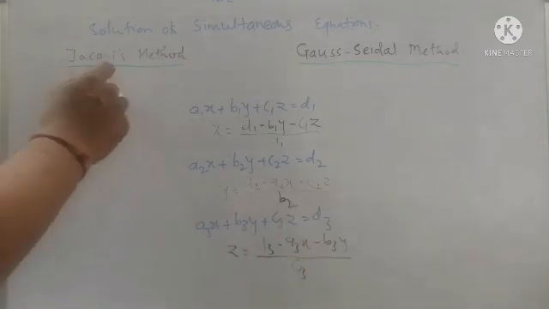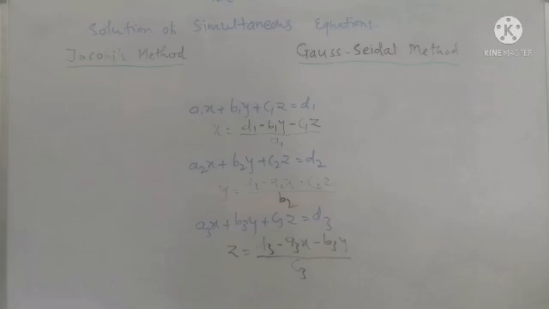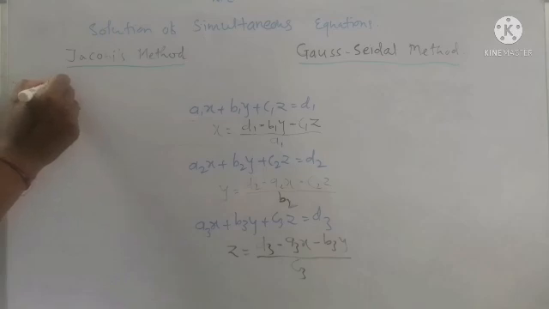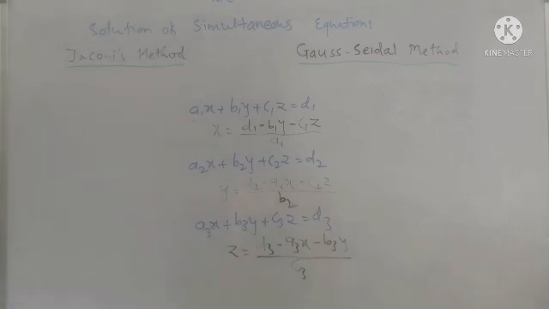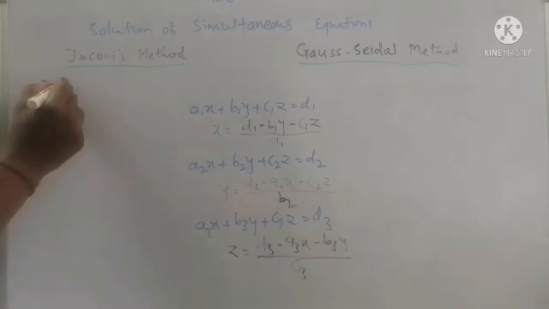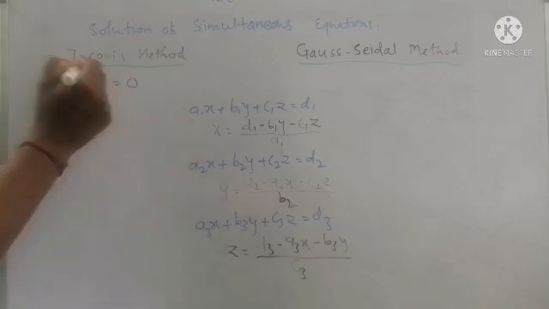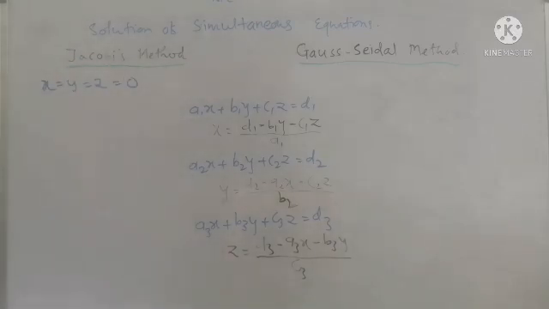So these two methods are numerical methods in which we first assume some values for x, y and z. If we assume the values of x, y and z are equal to 0, then the method is called Jacobi's method.